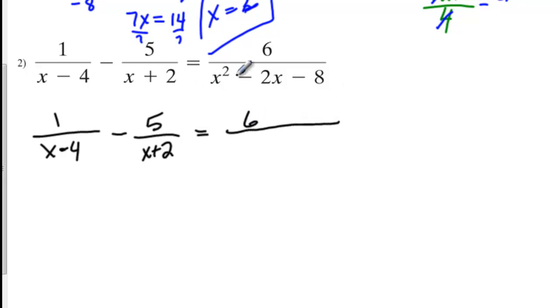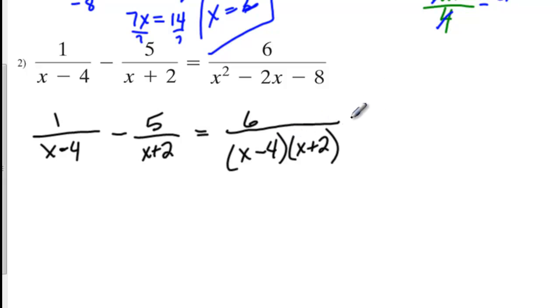How does this factor? So minus 4 and plus 2, because those are going to multiply to a negative 8 and add to a negative 2. And if you're not sure, you can always FOIL to double check yourself.